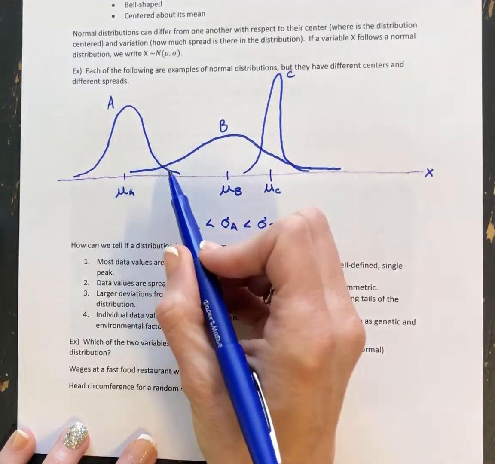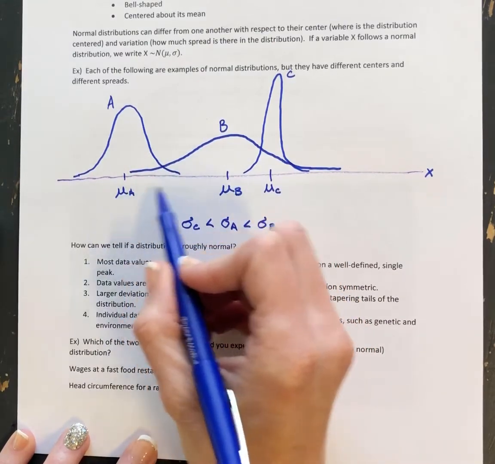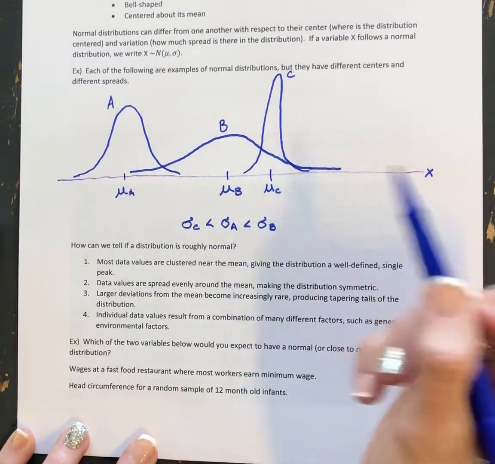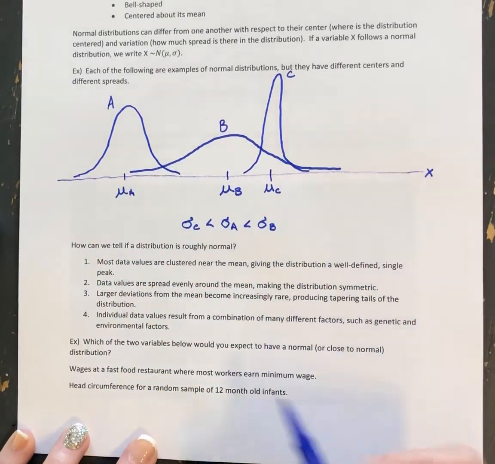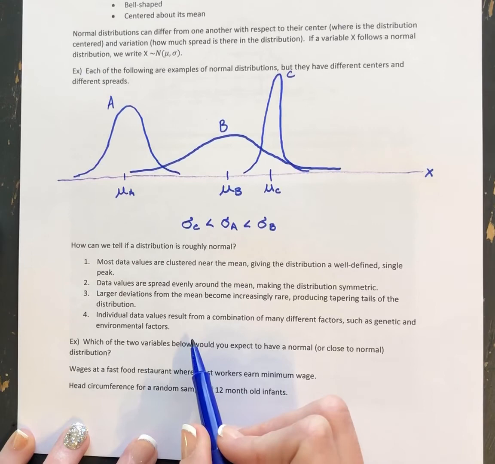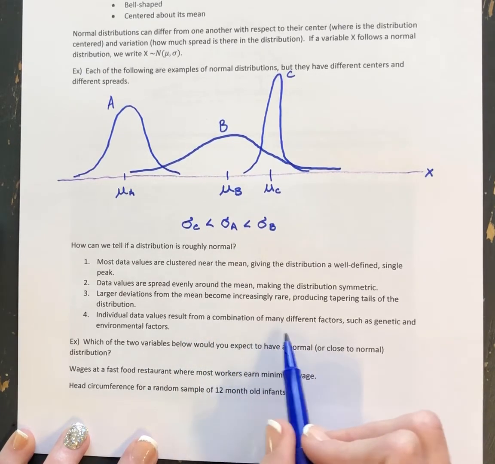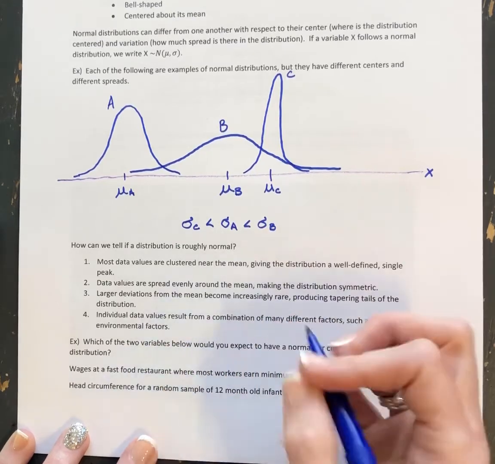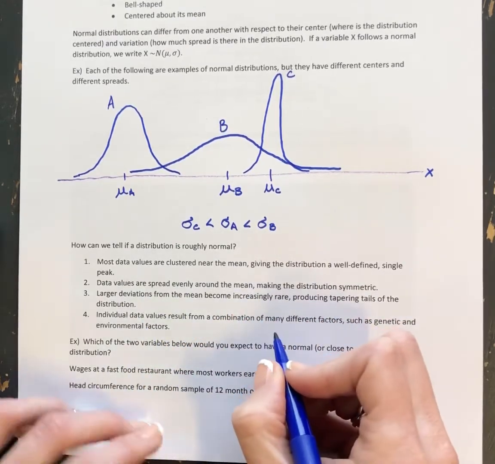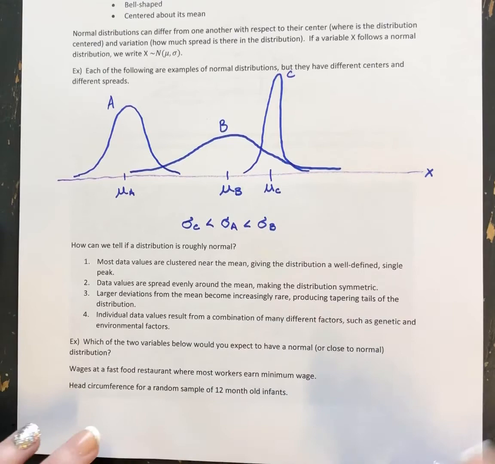So up here you'll see, right, as we get further away from the mean, we have less and less area underneath that distribution curve. And then finally, if individual data values result from a combination of many factors, such as genetic and environmental factors. A lot of times if we're measuring something, it ends up being roughly normal.